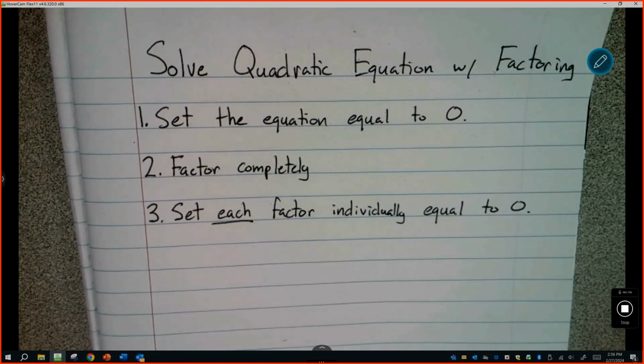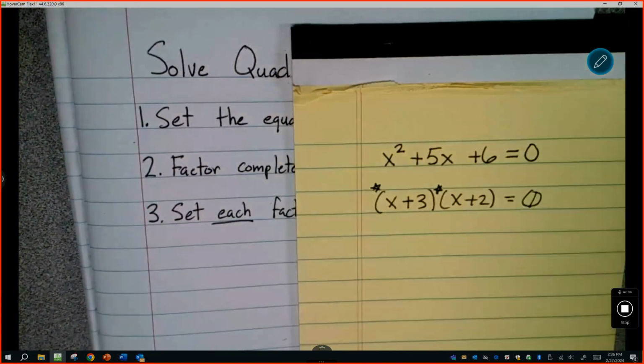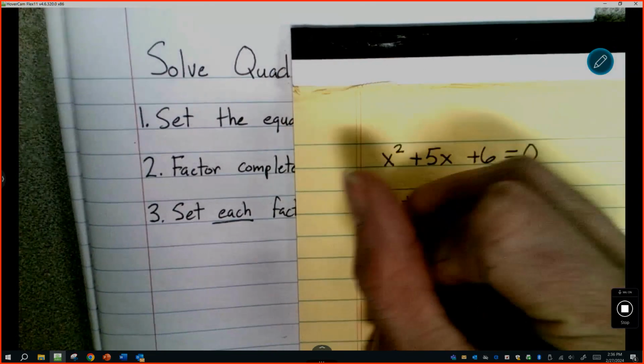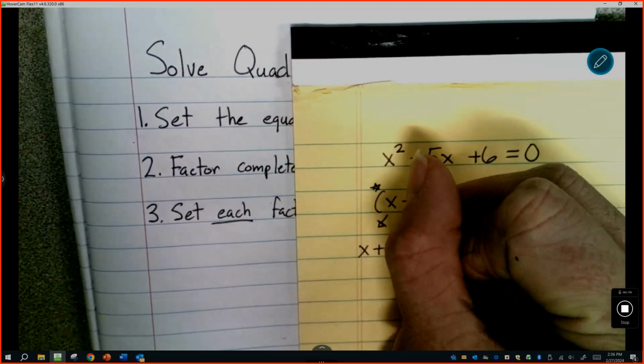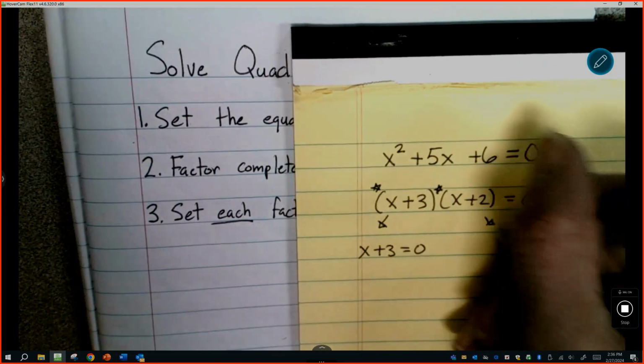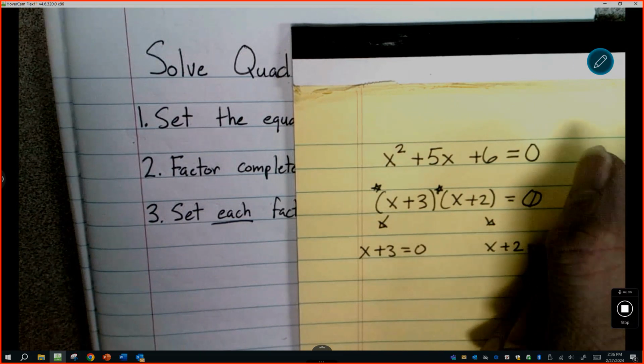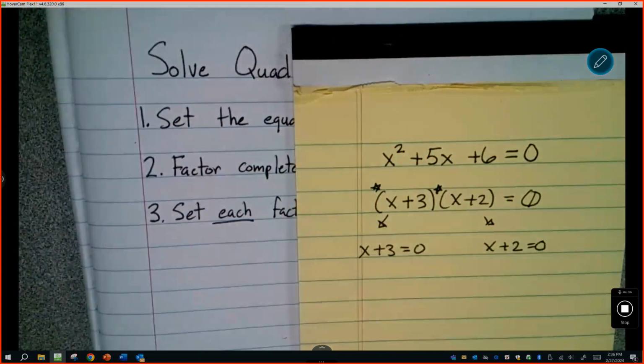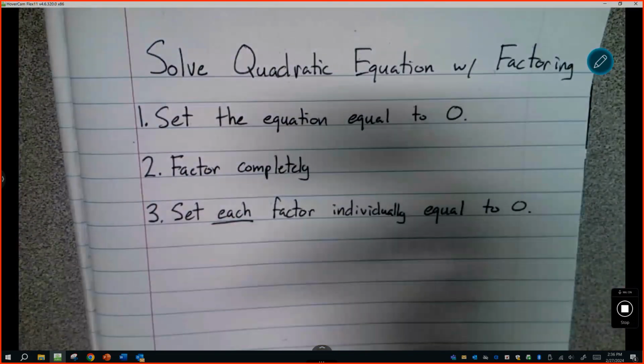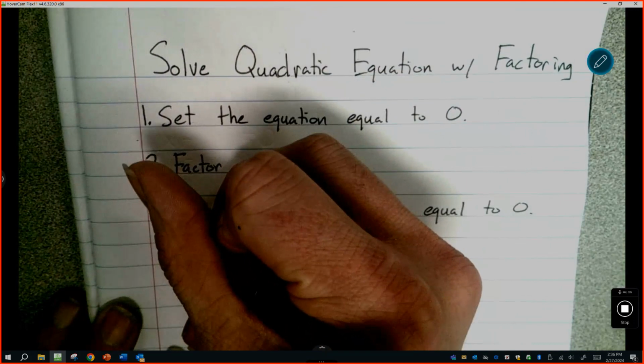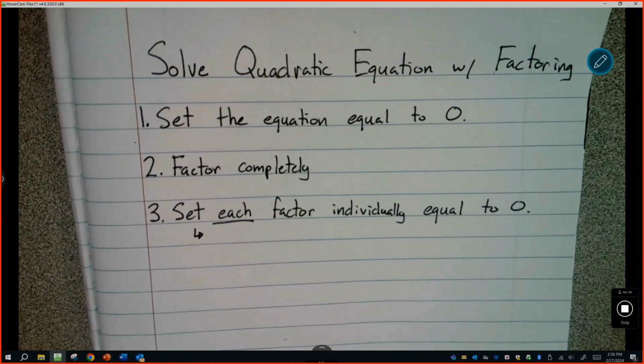And once you've done that, for example, I would have x plus 3 equals 0, and I'd have x plus 2 equals 0. Once I've done that, now I'm going to solve them, and those solutions are my x-intercepts. Those are the values of x that are going to make this quadratic go to 0, so they are my x-intercepts.